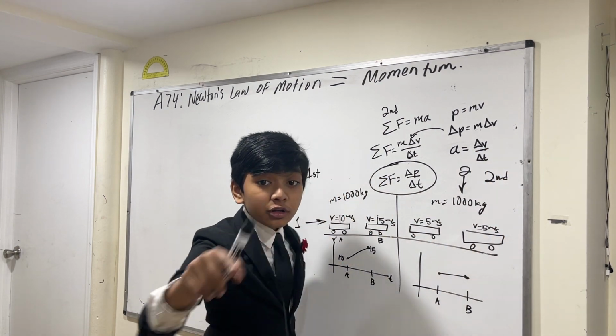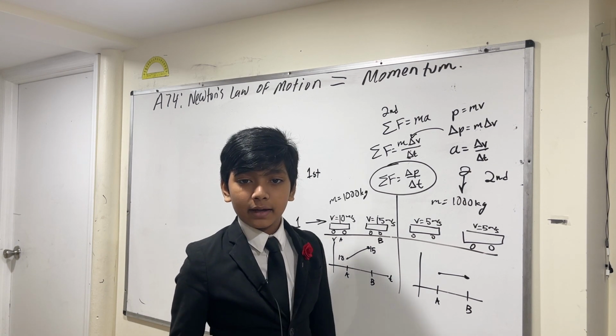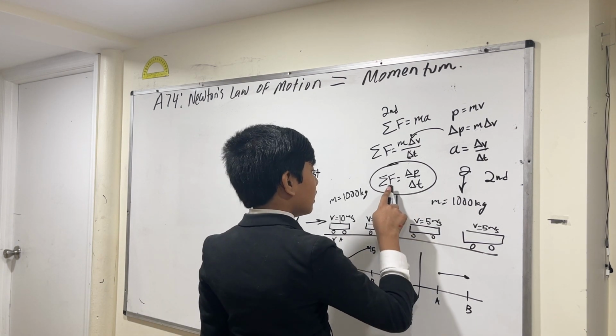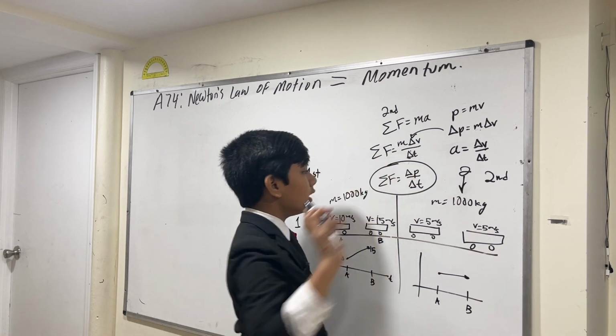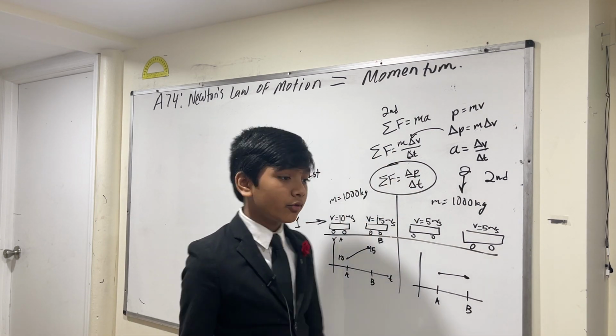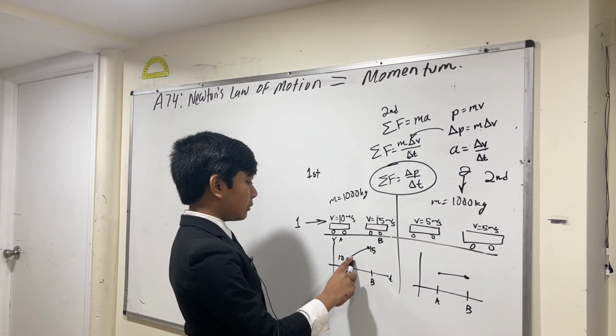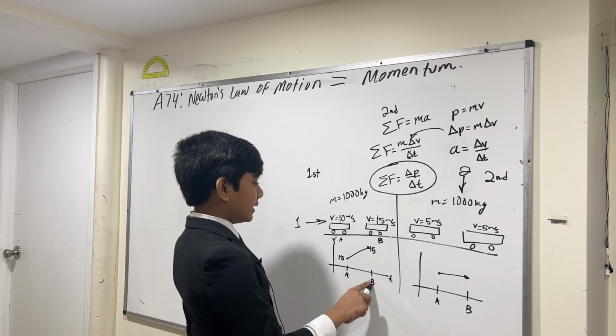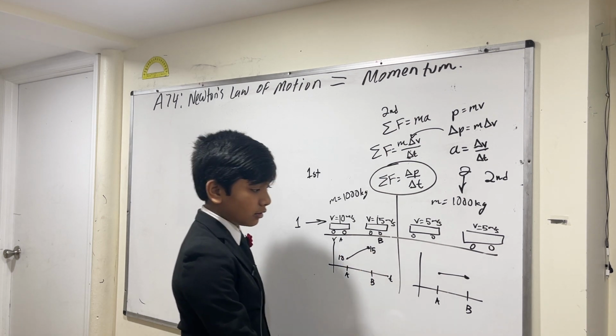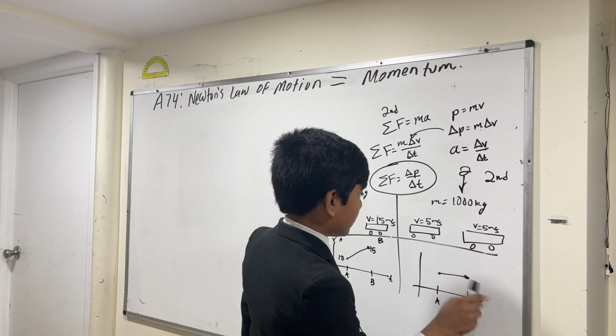And before you answer, keep in mind that the second law is the change in momentum over time. And also keep in mind that from A to B, velocity is constantly increasing here. And from A to B, this stays the same.